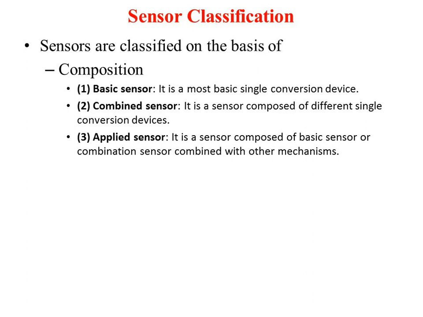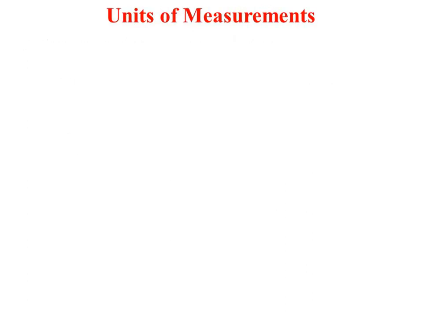Physical and structural parameters simply concern how you are combining the sensor, how you are packaging the sensor; that also matters. Depending on the application, you need to select all these sensors accordingly. So classification will be done in this way. So this is how sensor classification will be done.